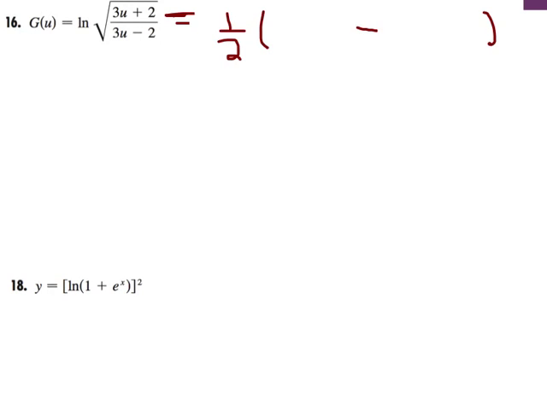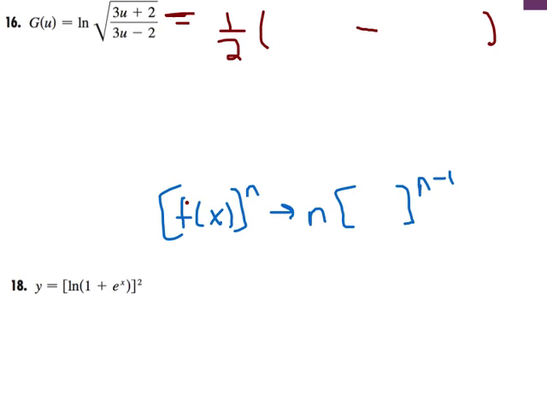For this one, I'm just going to think about the general power rule, where the derivative of something to the nth power is n times that function to the 1 less power times the derivative of that function.